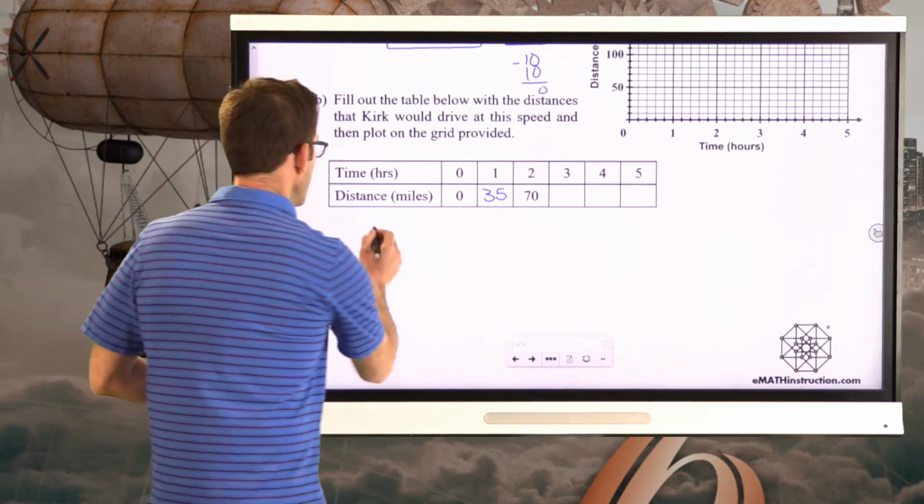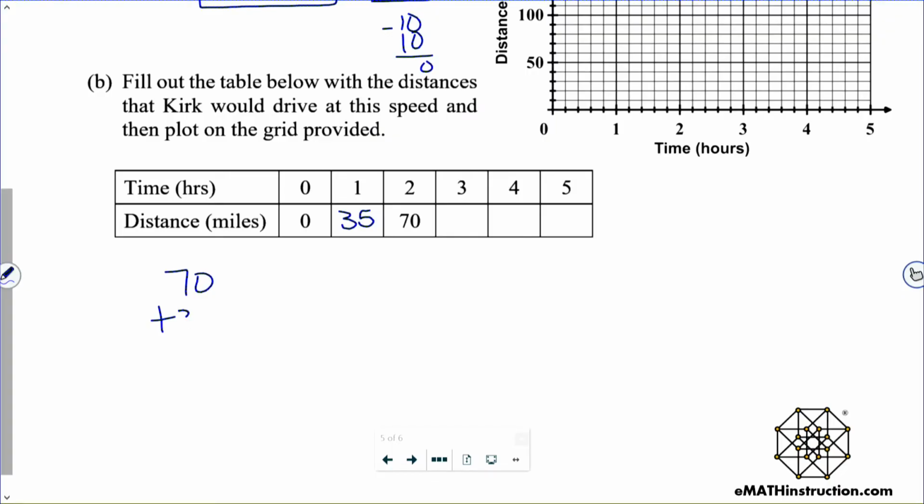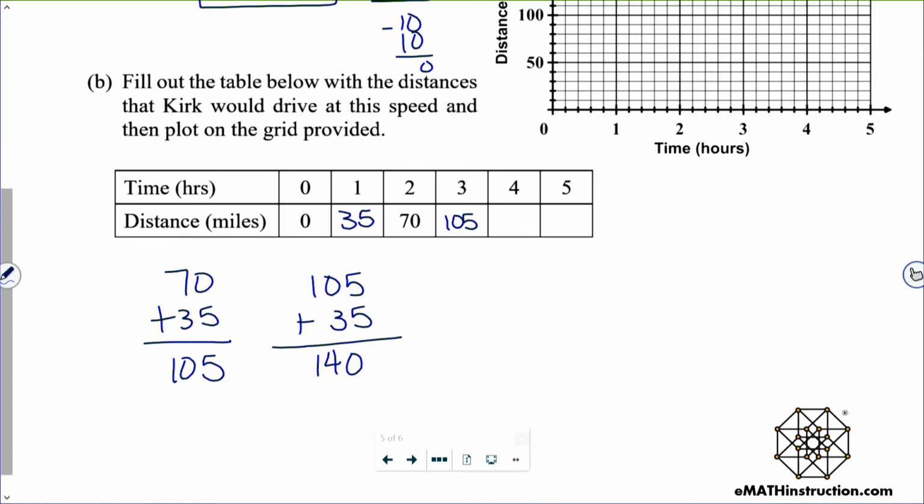So if I've got 70 plus 35, that would give me 105 miles. Then 105 plus 35 would give me 140 miles. And 140 plus 35 would give me 175 miles.